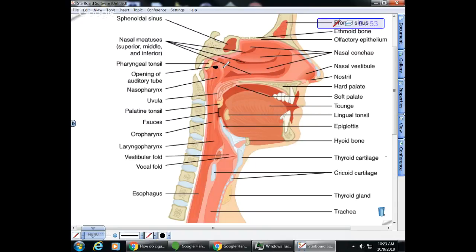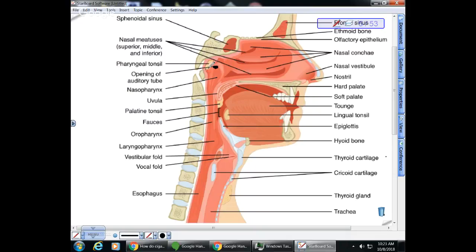The other thing that you'll notice up in the nasopharynx is the pharyngeal tonsil. I mentioned it previously when we were talking about the lymphatic system, because this is part of the lymphatic system. Do you remember what the other term for that pharyngeal tonsil is?